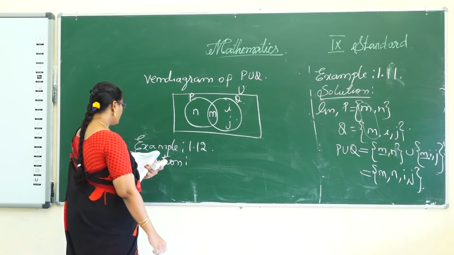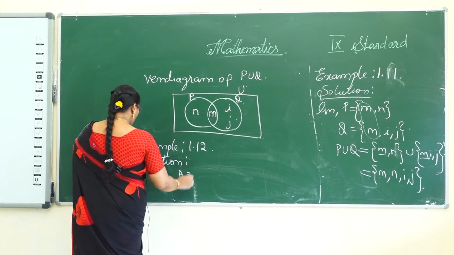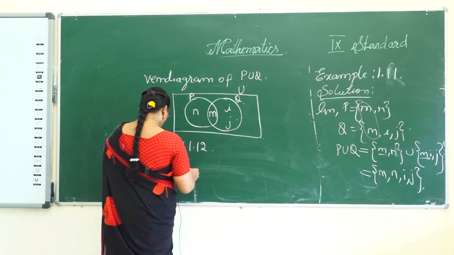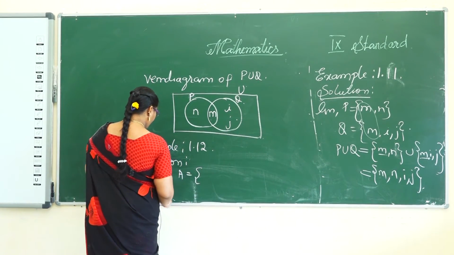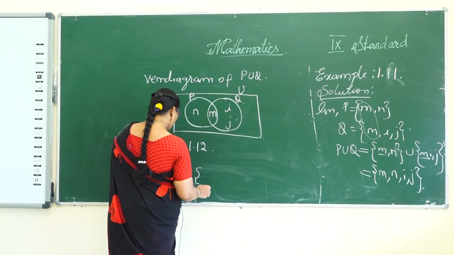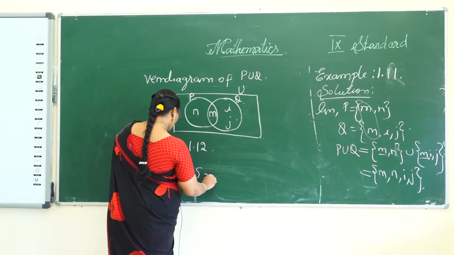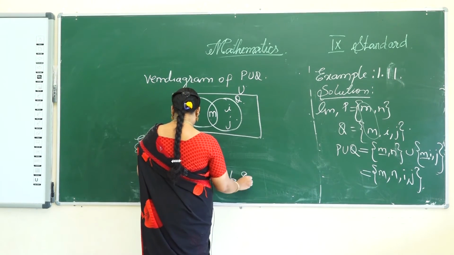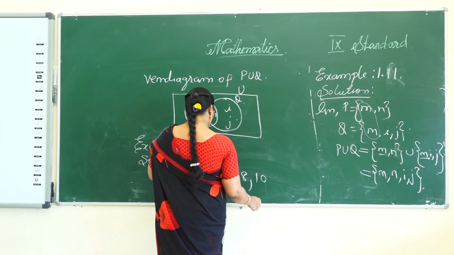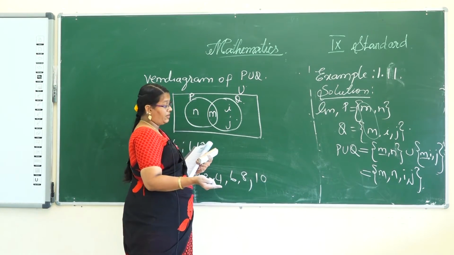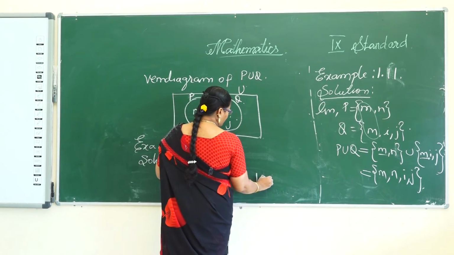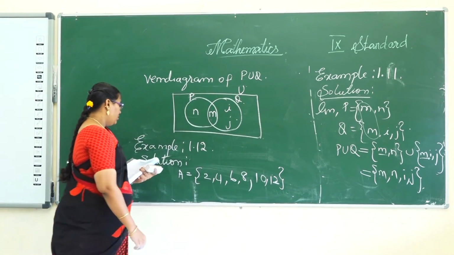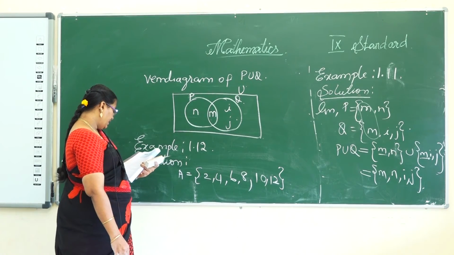First of all, list all the elements in set A. The condition given is even natural numbers, so write the even natural numbers: 2, 4, 6, 8, 10. Less than or equal to is given, so you should add 12 also. If only less than were given, you would stop with 10. So A is equal to {2, 4, 6, 8, 10, 12}.